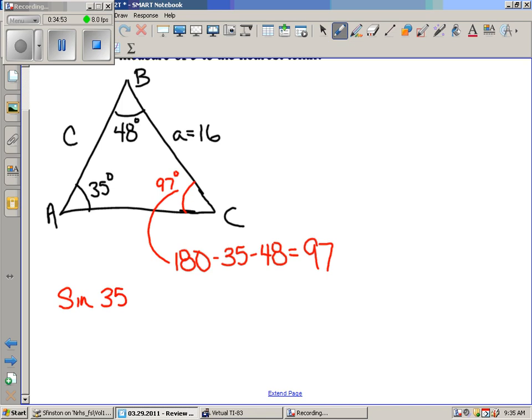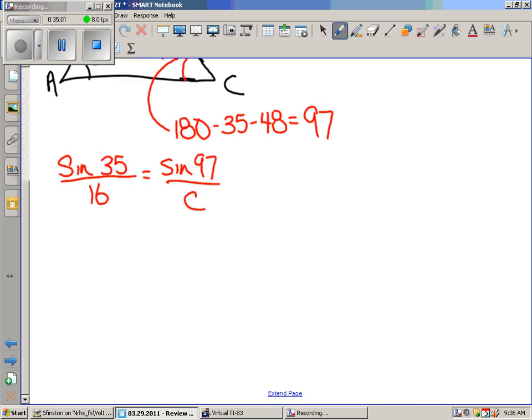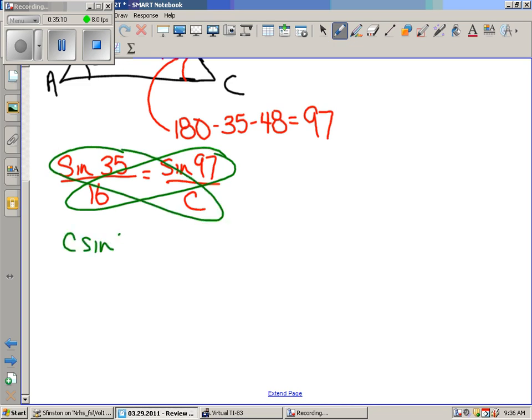The sine of 35 degrees is to 16 as the sine of 97 degrees is to side C. We cross multiply it up. C sine 35 equals 16 sine 97.